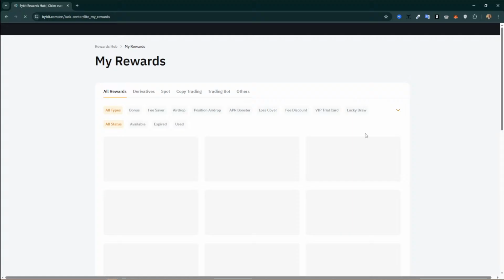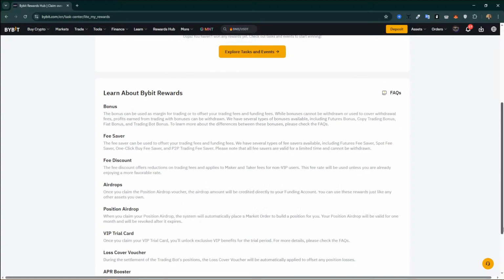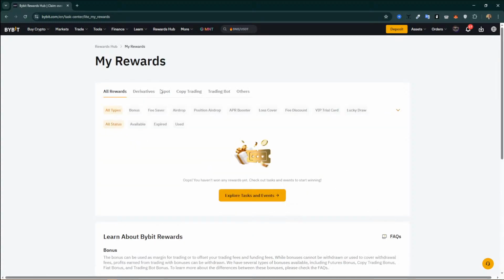Now, in this case, let me see, some free discounts, some airdrops, some bonuses. Depends on the time of the year. Might be like I can find some airdrop here. Might be like I can find some discounts on your trading fees or some bonuses.